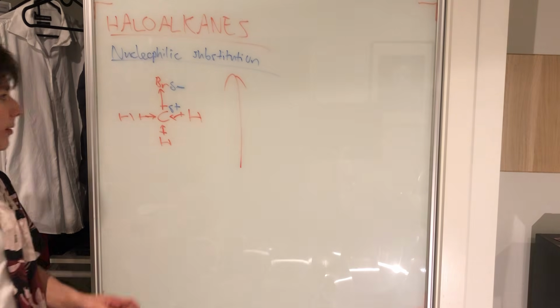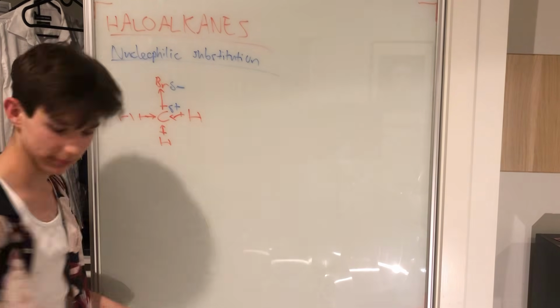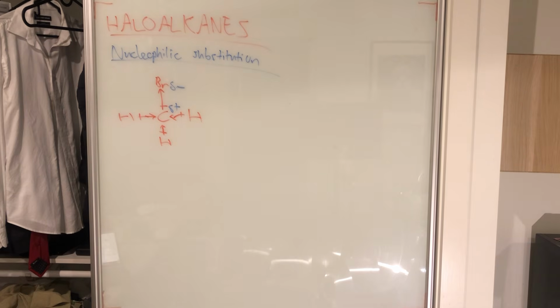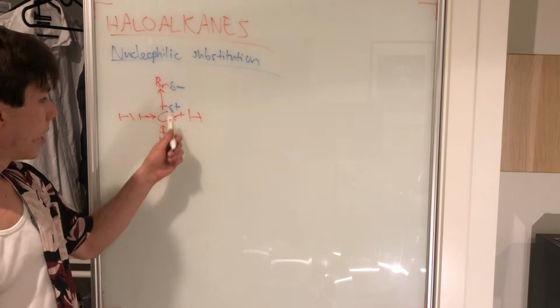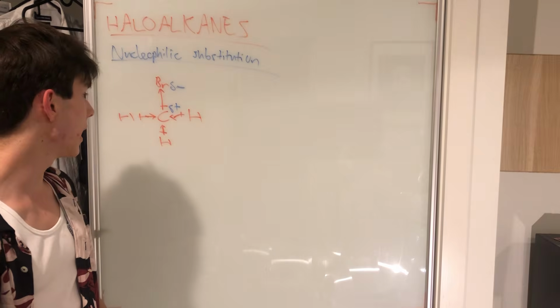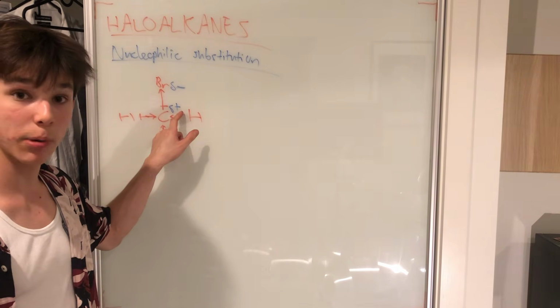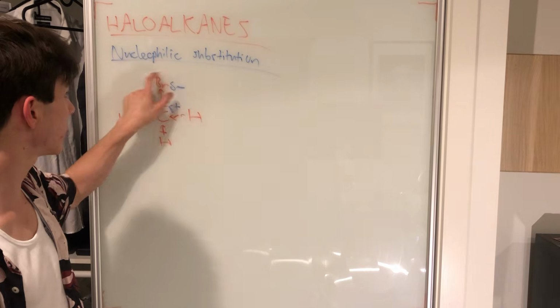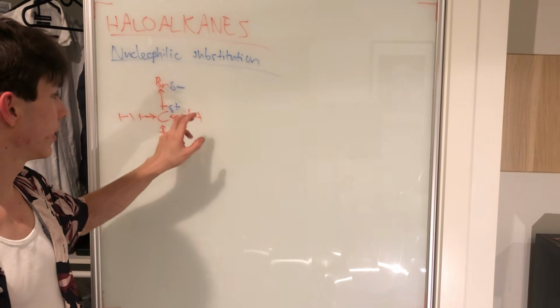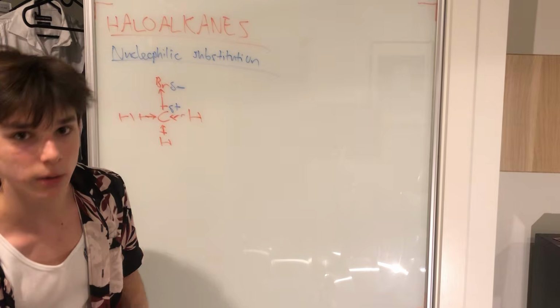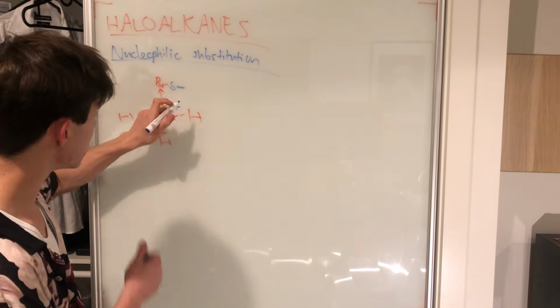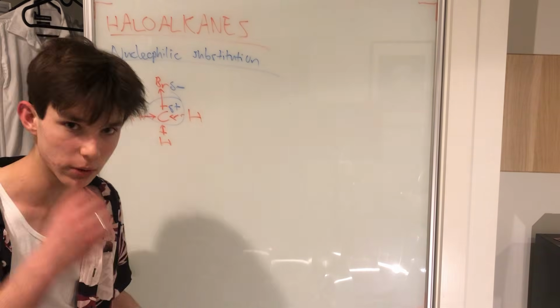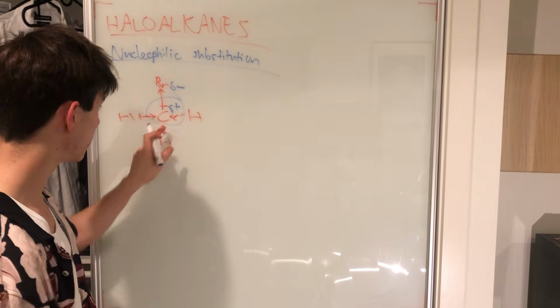Now, why is this important? Well, what if we had something that really liked positive things, even more than this guy liked positive things? We'd call that a nucleophile, attracted to the positive center, the positive nucleus of this whole arrangement.